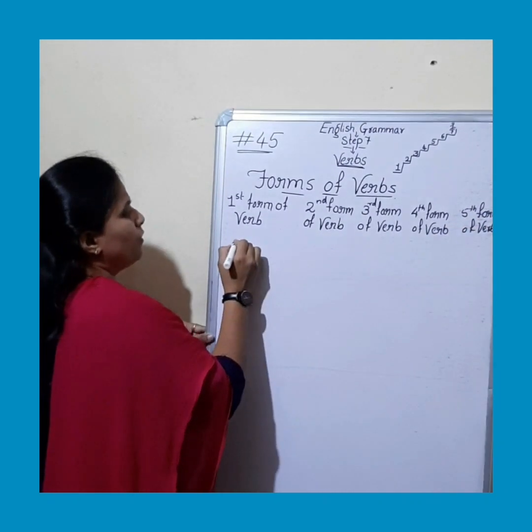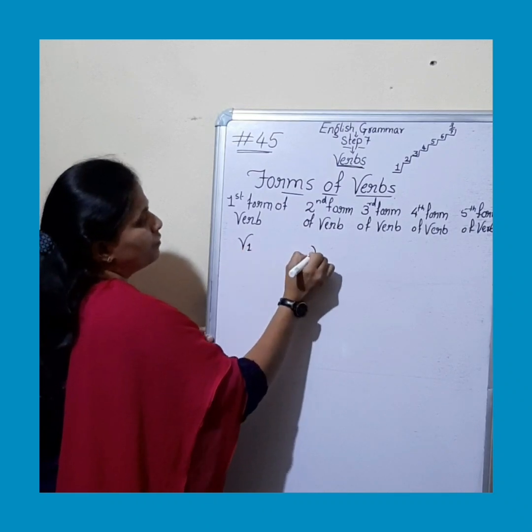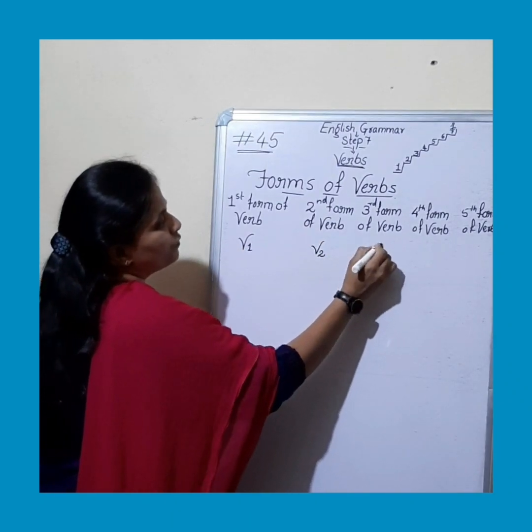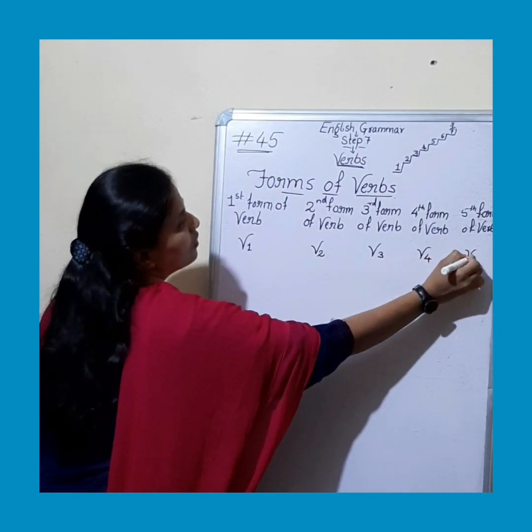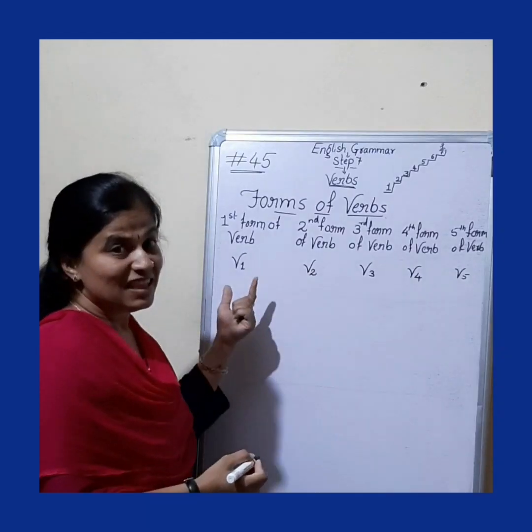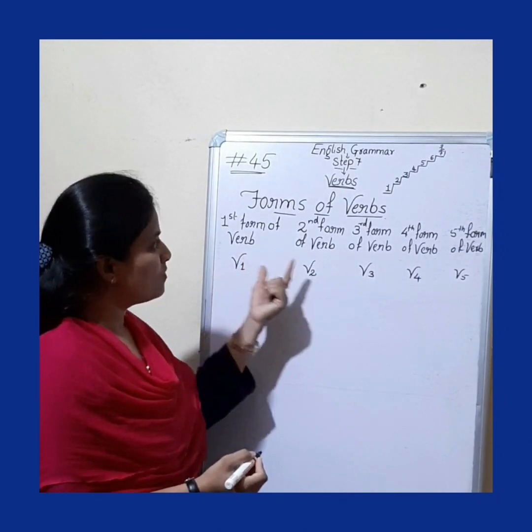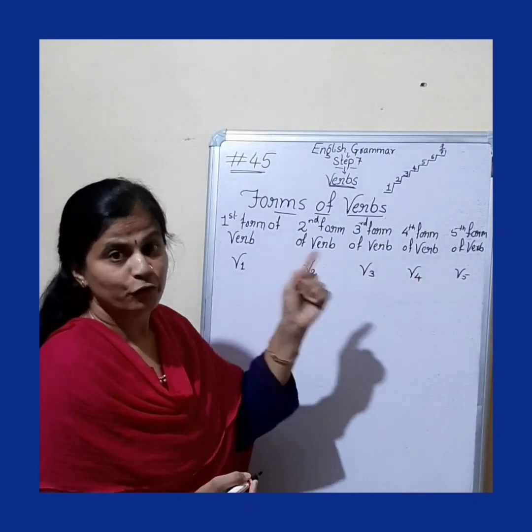Okay, this is what we call them as V1, V2, V3, V4, V5. Let's have a look over first form, second, third, fourth and fifth form of verb now.